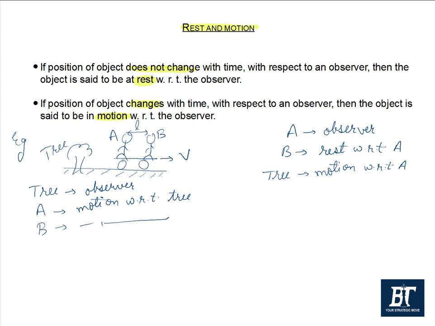So we have to define a frame of reference to solve problems in kinematics. And how do we do that? So easiest way to set up a frame of reference is to take three mutually perpendicular axes, and we are naming these x, y and z.